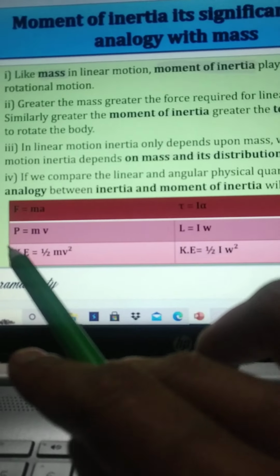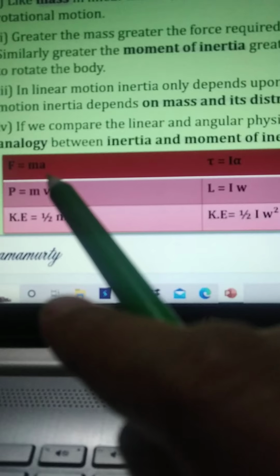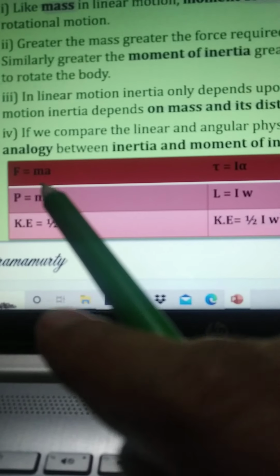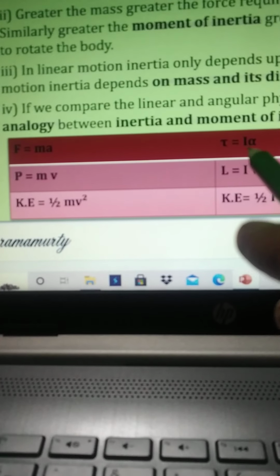So the analogous terms are: F is equal to ma, the formula for force is mass into acceleration. Similarly, in rotational motion, tau is equal to I alpha.